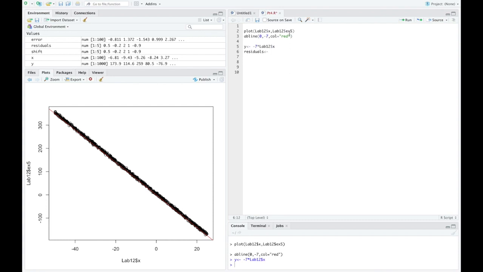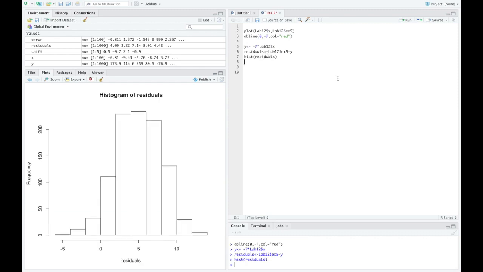So those shifted-off values are actually these, and then I subtract away my y values there. I want to see if they fit the pattern I'm looking for. So I'm going to run this, and yes, indeed, they look kind of normal. But notice that the center is sitting in the wrong spot. It's at 5, so maybe I will try adjusting that a little bit.